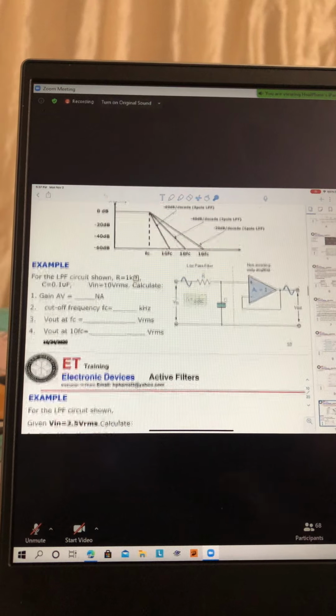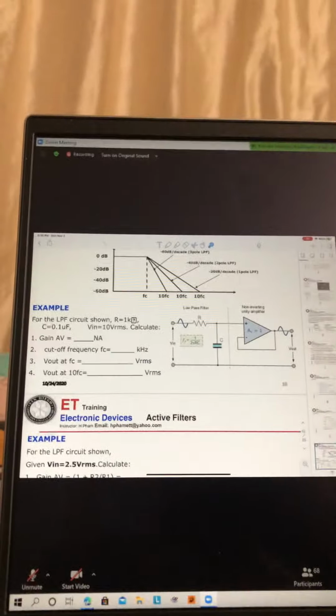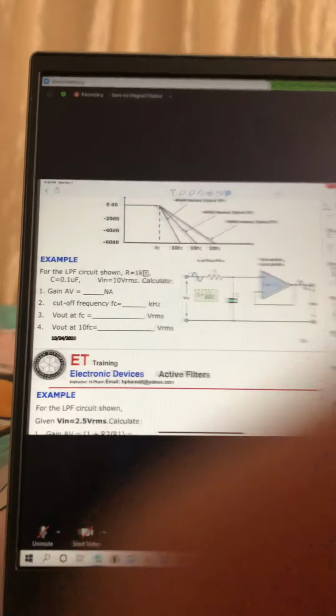And on this one, we already done or not? Okay, we get a low pass filter. They give you R will be 1K, C will be 0.1 microfarad.